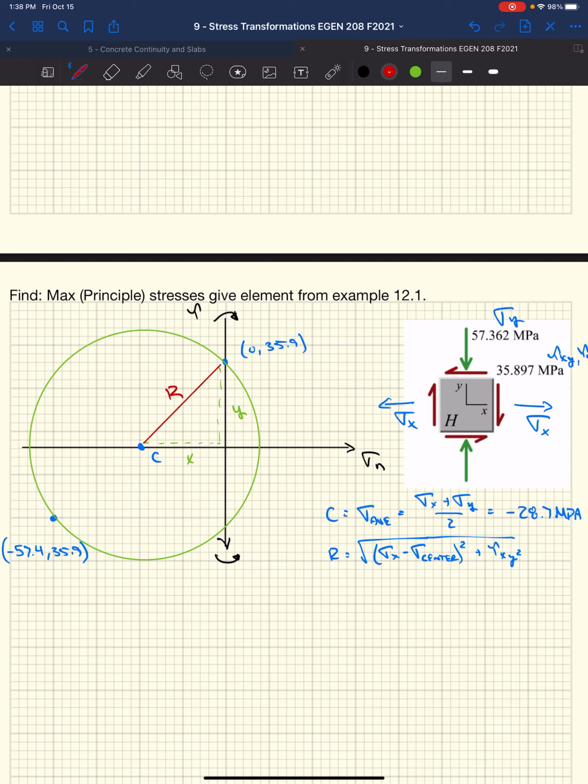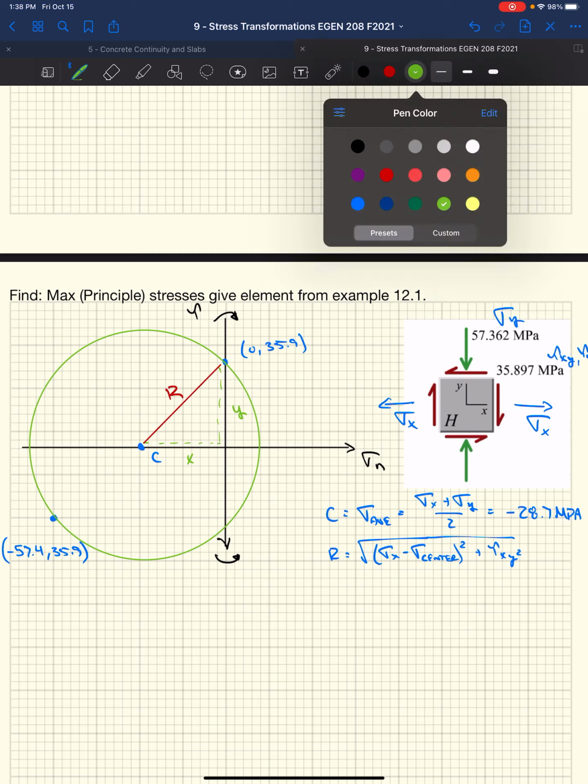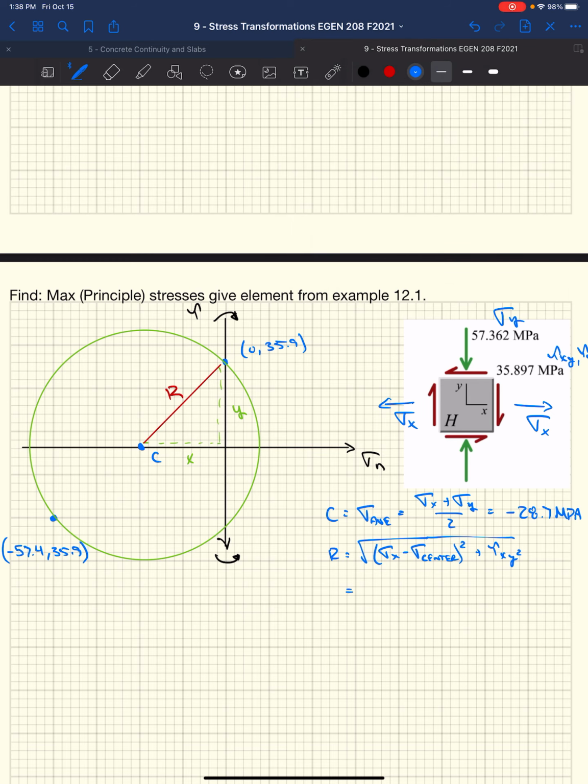We've got this radius. We know the coordinates of one of our points, our x point. We're going to use that by figuring out the horizontal or x component of that point with respect to the center. Well, that would be our stress at 0 minus the center, squared, plus our shear stress at that point squared, square root. That's the Pythagorean theorem. And with that, I'm going to get 46 megapascals as my radius.